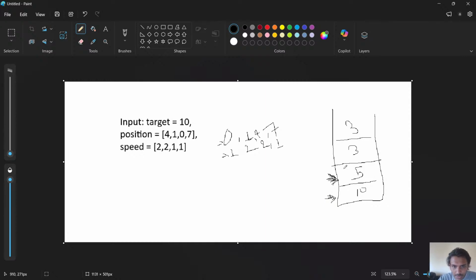Let's say one, it will be 3, then 1, then this will be 5, then 1, then 2. So this will not form a fleet with the top of the stack.